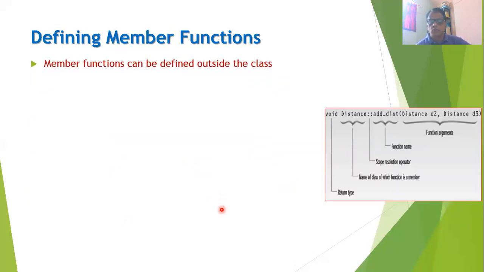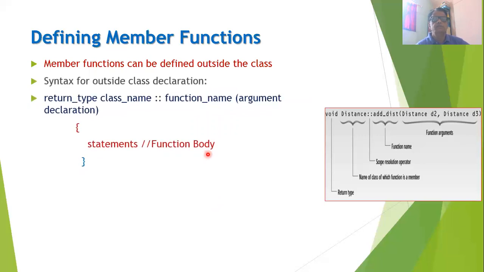Member functions can also be defined outside the class. Since you are outside the class, the syntax is slightly changed. The function header will now get changed. The syntax for the function definition outside the class is like this. You first write the return type of the function, then the class name.